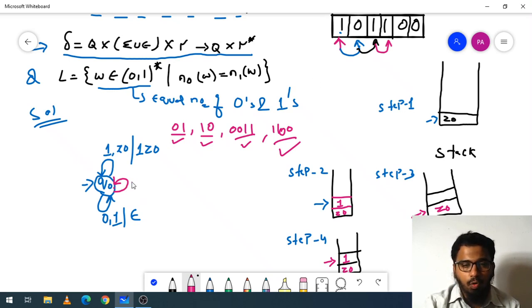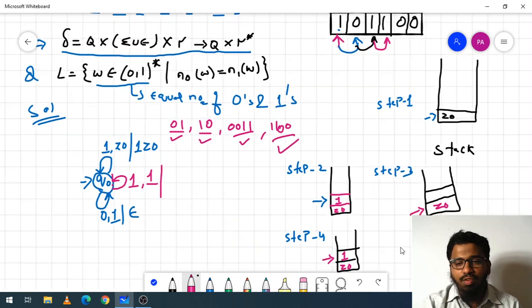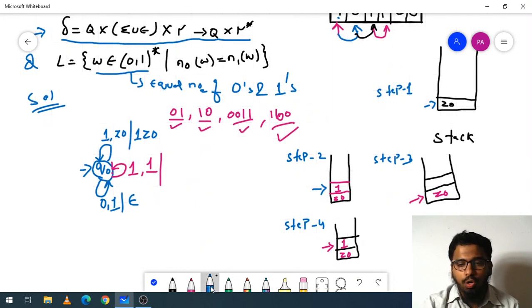Our next header point is 1 comma, and the top of the stack is 1. So when we have 1 comma 1, simply in the 5th step, as I told you in the previous example also, in step 5 we need to do this.